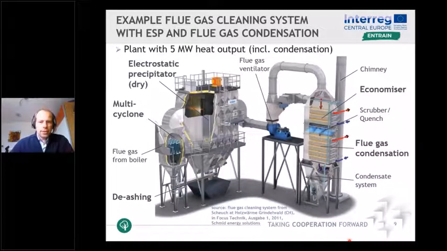Here you can see an already rather complex system, which is installed in a plant with 5 megawatts heat output. Again, with the combination of a multi-cyclone and an ESP, and in this case also a flue gas condensation unit with several economizer heat exchangers, and then a condensing stage for flue gas condensation.